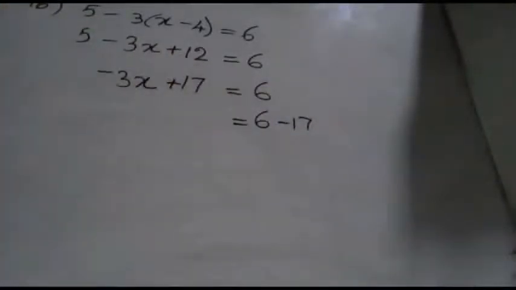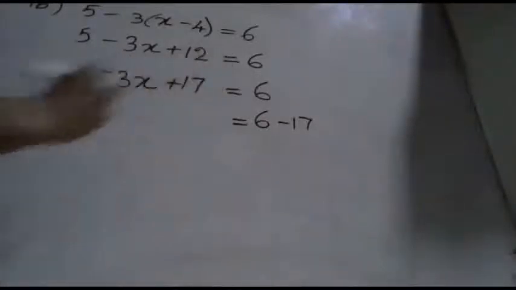Is equal to 6. Now add like terms. There are no other x terms here. We write negative 3x. 5 plus 12 is equal to 17. Is equal to 6. We take this positive 17 to the right hand side.